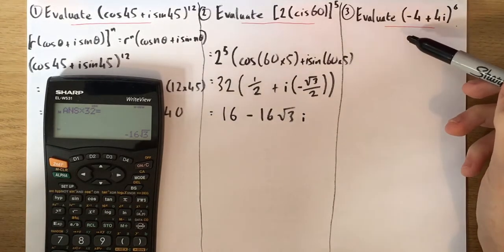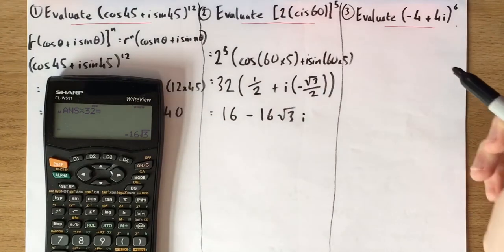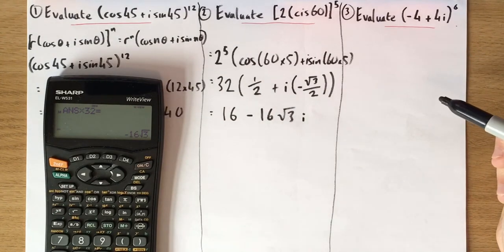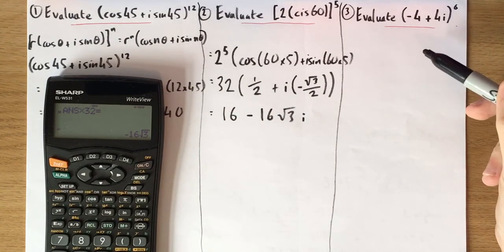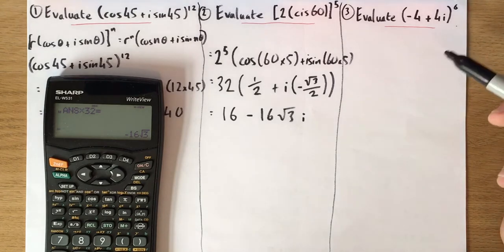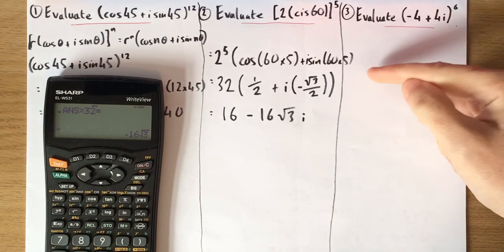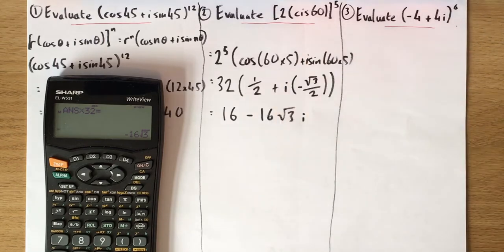So evaluate -4 plus 4i to the power of 6. This one's in rectangular form. So to raise this to the power of 6, I'm going to need to change it into polar form first. You can do that by hand if you want to, draw the Argand diagram, draw your right angle triangle, figure out the angle, figure out the modulus.